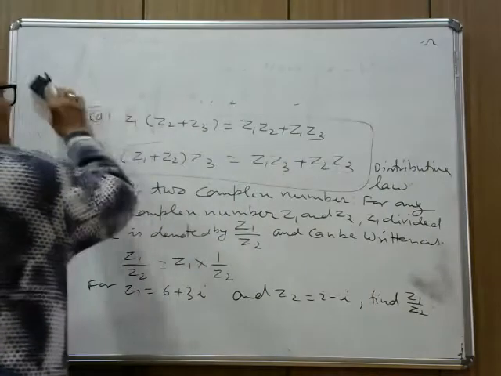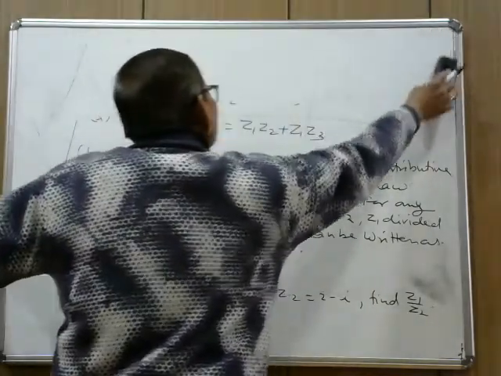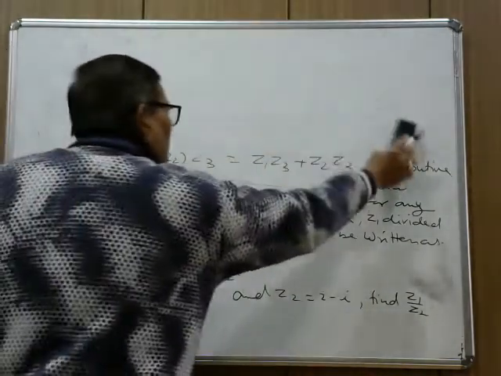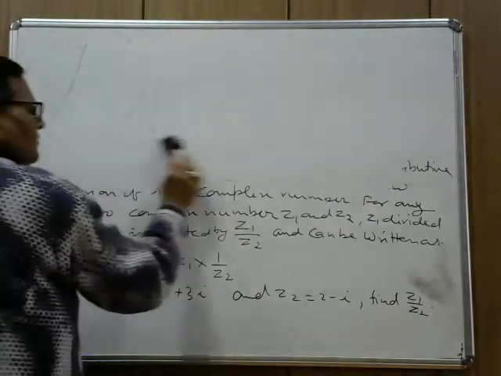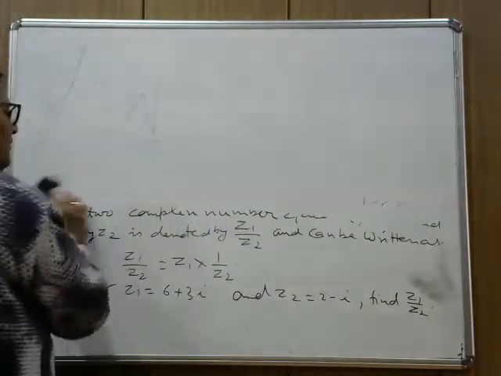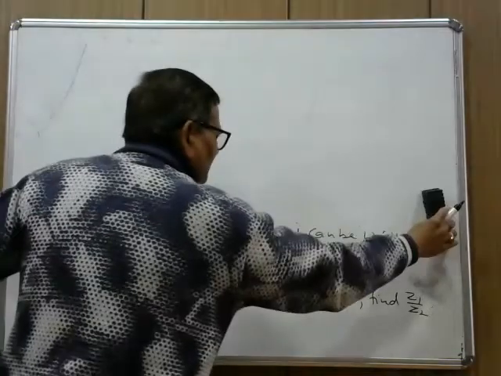Now we define the complex conjugate at this place. Before doing this division, how do you define the complex conjugate of a given complex number?